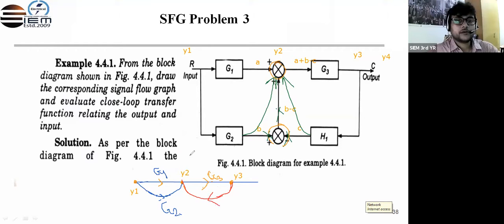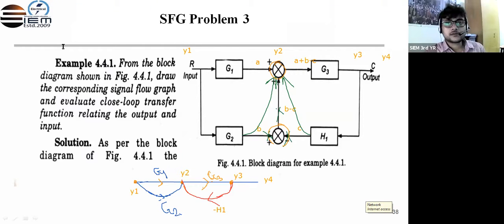That feedback path will be minus h1, and this output node you can also treat as y4, no problem with that. So this is the function. Now you can easily find, because you know that only one loop is possible, and two forward paths are there, no other forward path and no other loops are possible here.